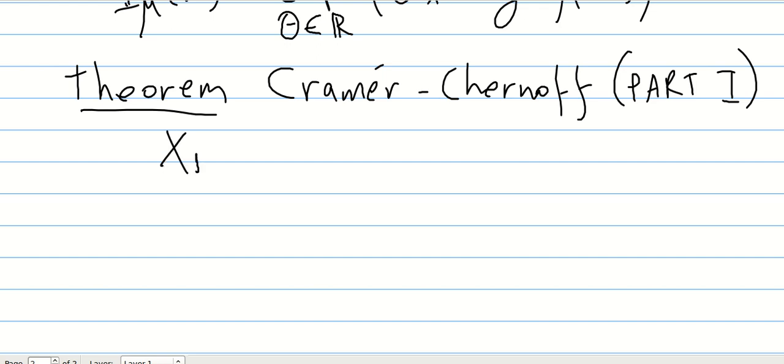It starts with a sequence of random variables, just like we did before, which are IID. We're gonna denote its distribution by mu.